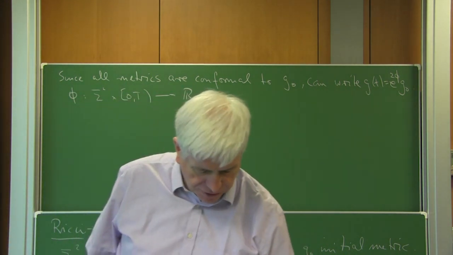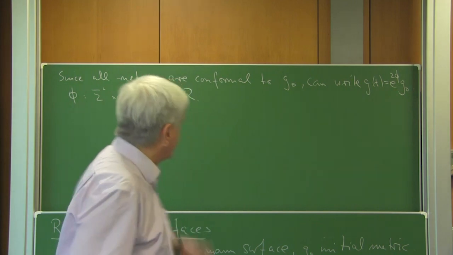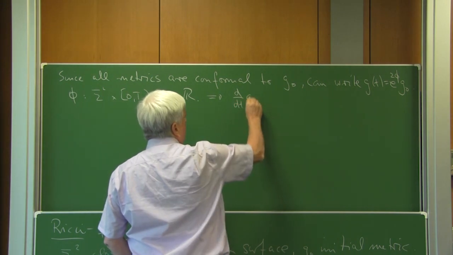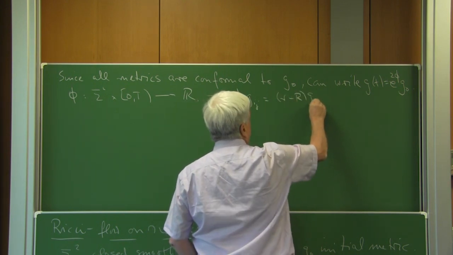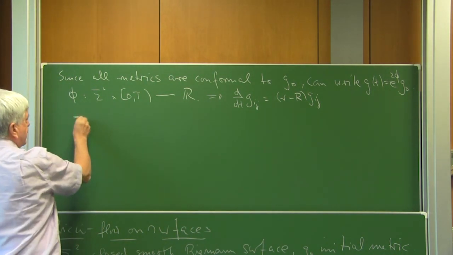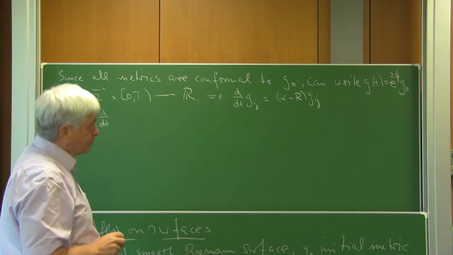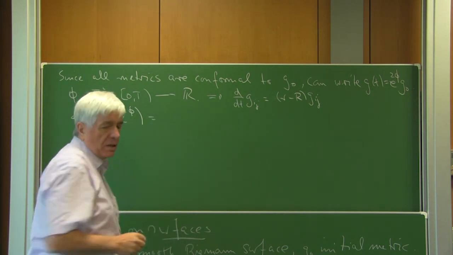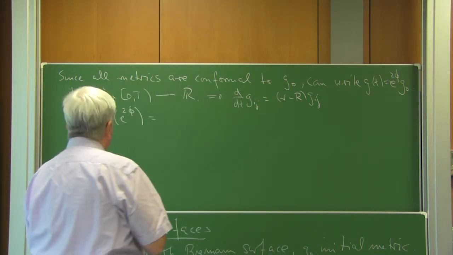Now, when you have such a scalar function and a conformal factor, then our evolution equation for the metric, d/dt g_ij equals little r minus capital R times g_ij if we take the rescaled version, becomes equivalent to saying that d/dt of e to the 2φ is equal to (r minus R) times e to the 2φ.